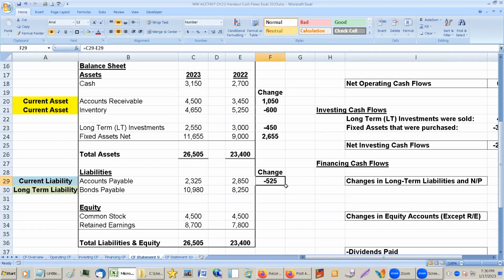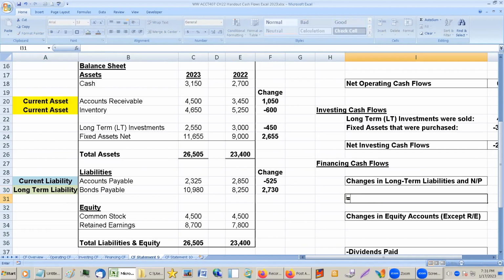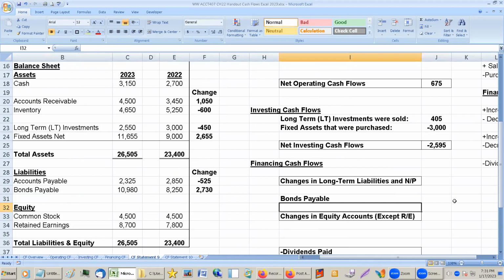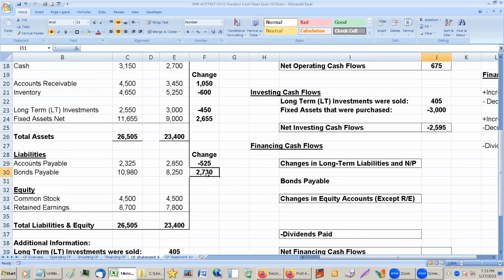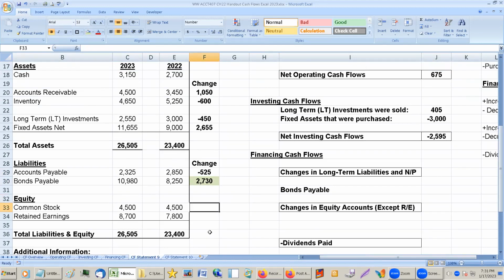Okay, so bonds payable. Bonds payable increased, so what happened to our cash? Increase. Good, liabilities go up.